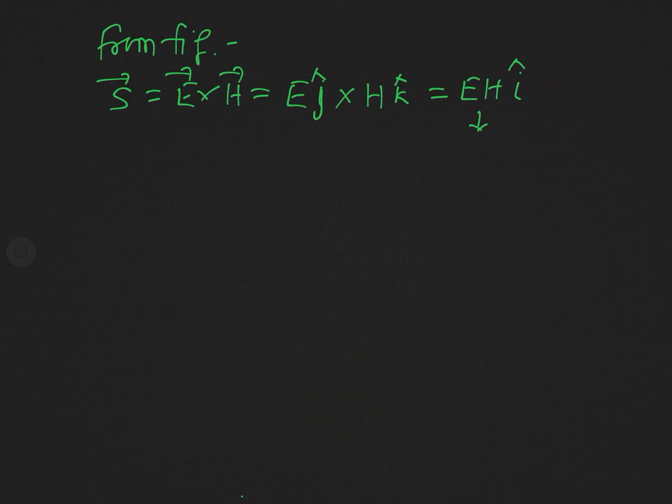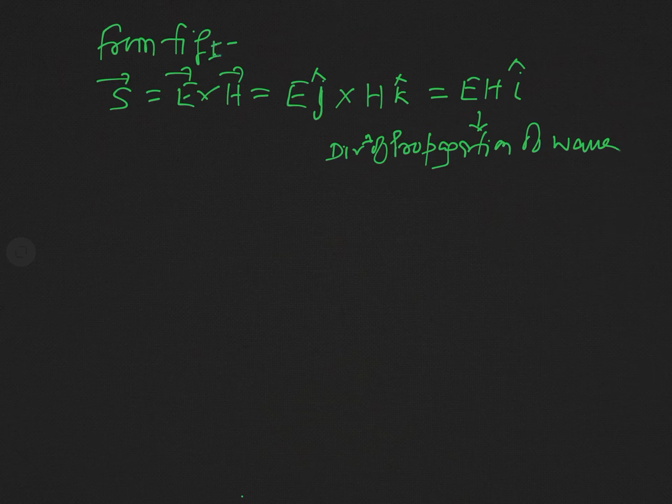So the Poynting vector is directed along the direction of propagation of the wave.